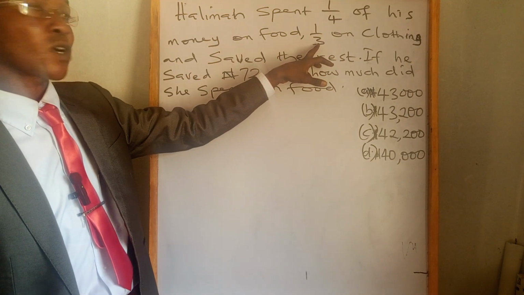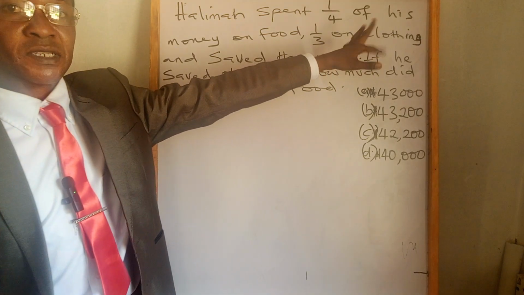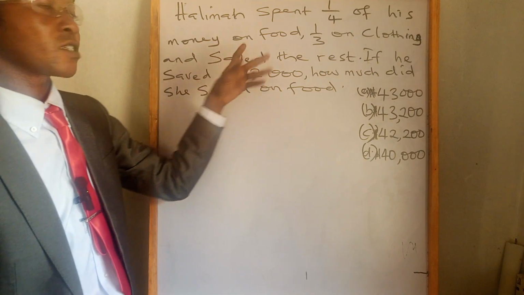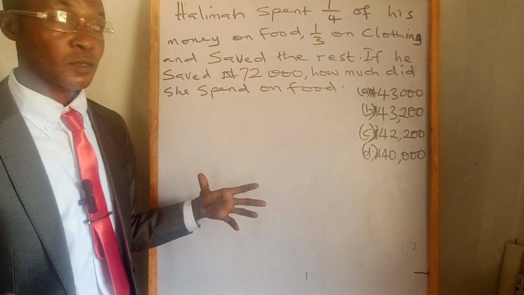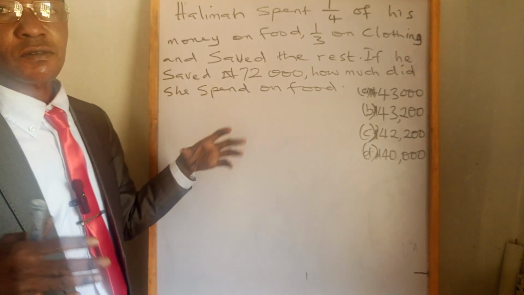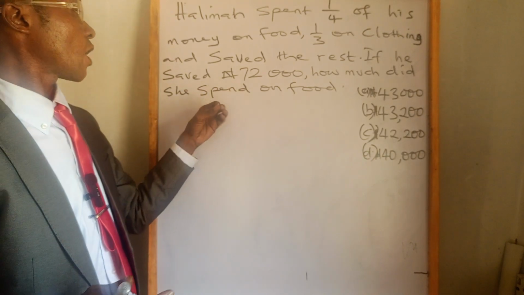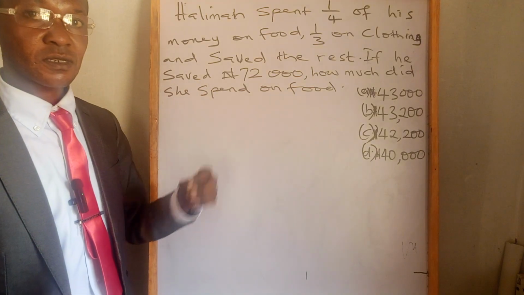She spent 1/3 to purchase clothing items and other personal effects. Then she decided to save the rest of the money for her personal upkeep. The question says that we should determine the actual amount she was given as the pocket money by the parents.